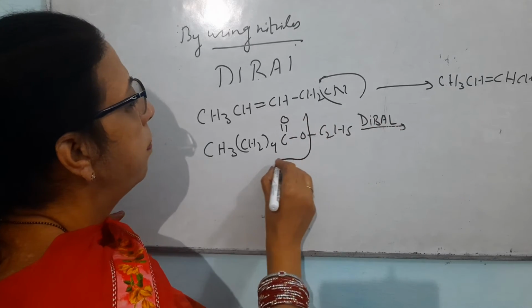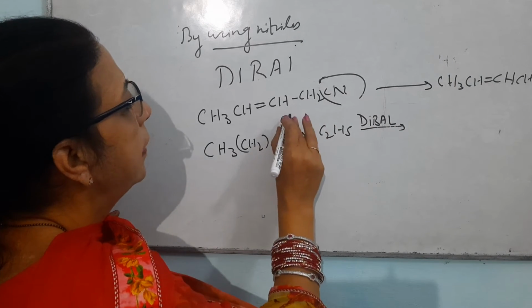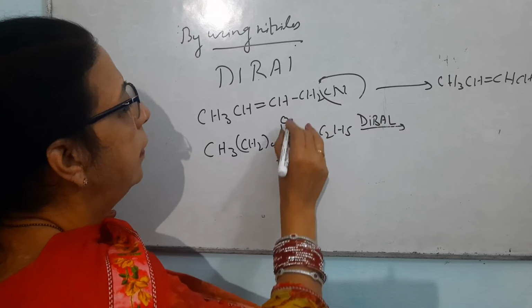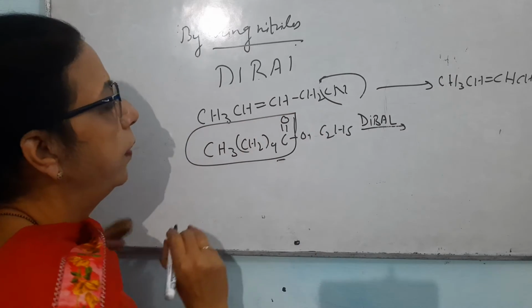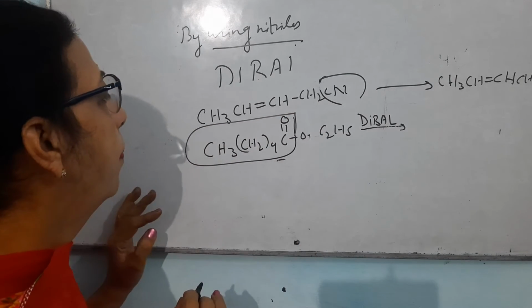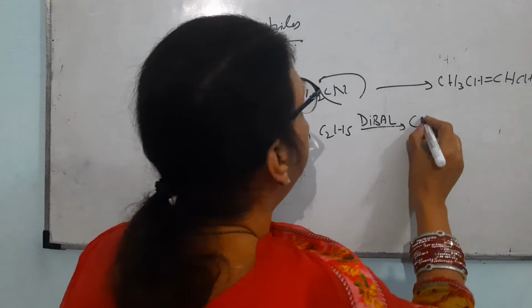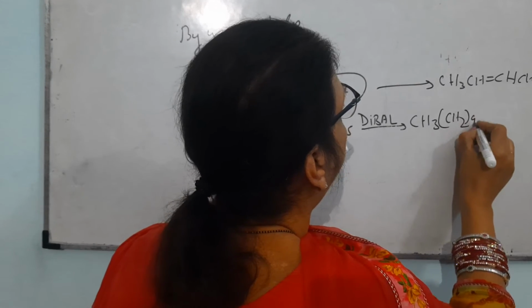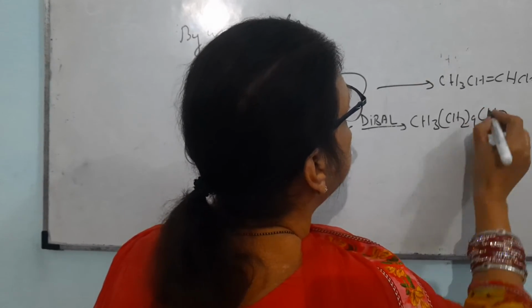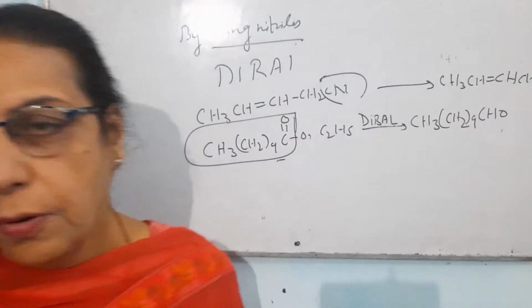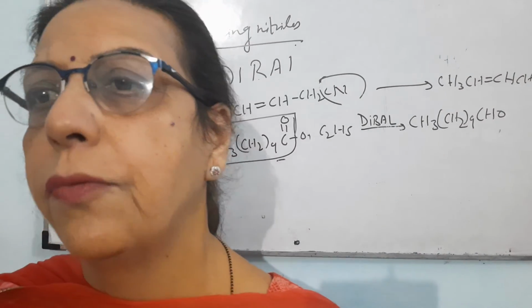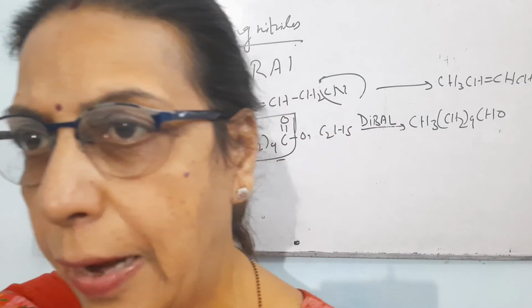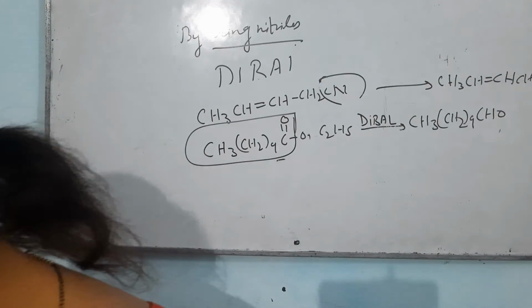This complete part will be converted in the form of aldehyde, there will be formation of CH3 CH2 CHO directly. So esters can also be converted in the form of aldehyde by using DIBAL.